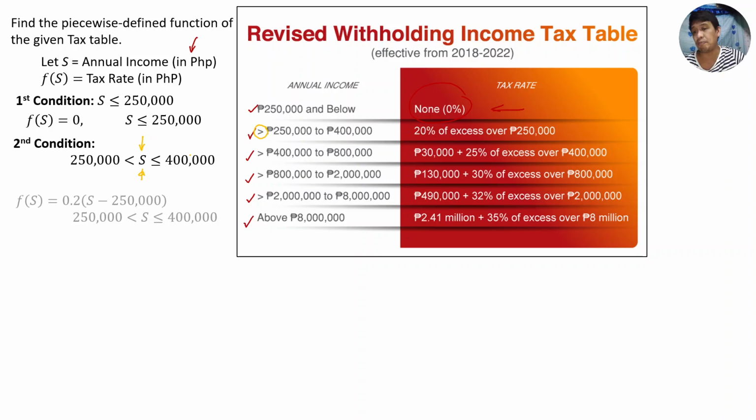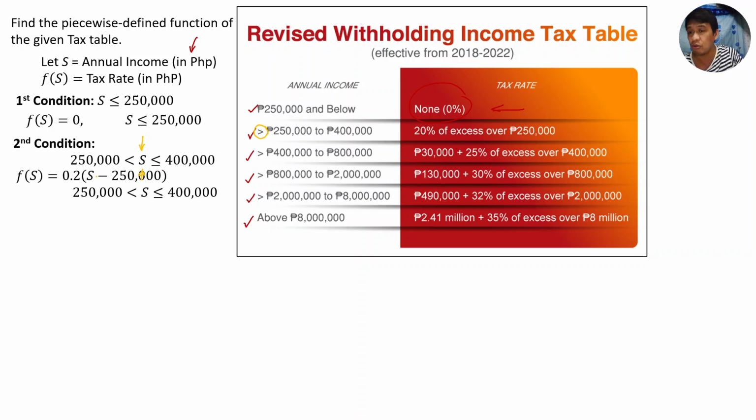So, f of s is 20%, which is 0.2, multiplied by the quantity s minus 250,000. So, that is for this particular interval. So, third line, we have greater than 400,000 to 800,000. So, S is greater than 400,000, less than or equal to 800,000.